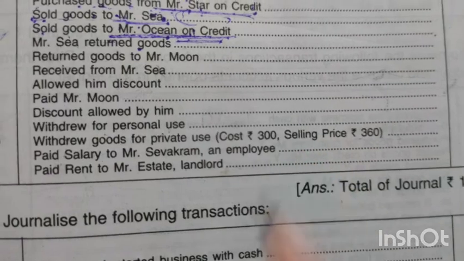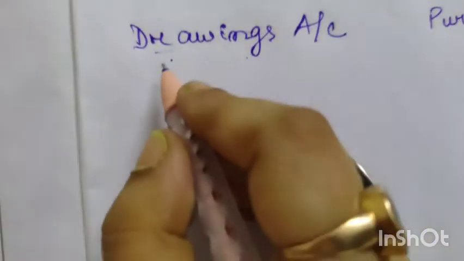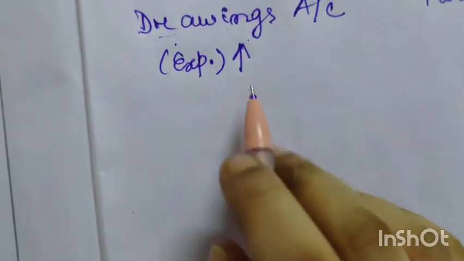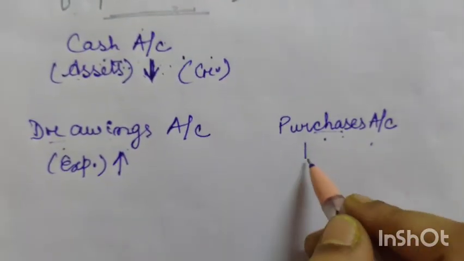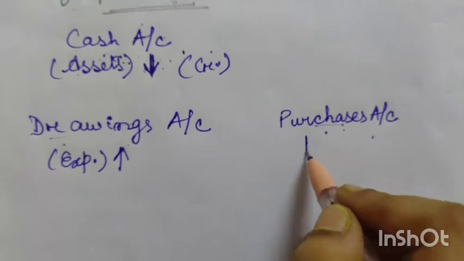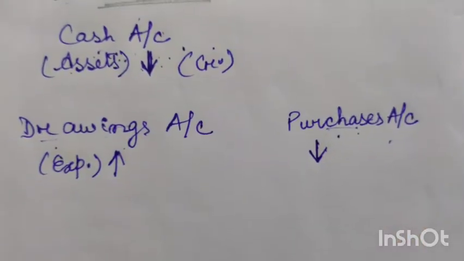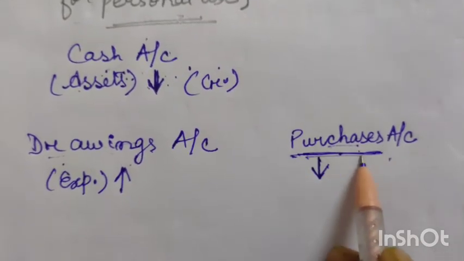Now as we have explained earlier, drawings means expenses, and here expense is increasing. Now we have taken out the goods, right? So our purchases, meaning our stock, will go down. Goods means stock, and how did we get that stock?